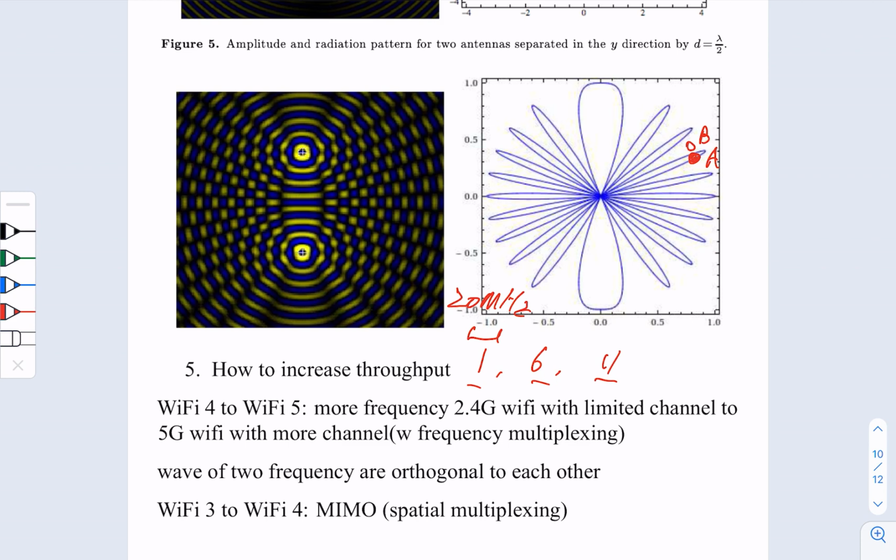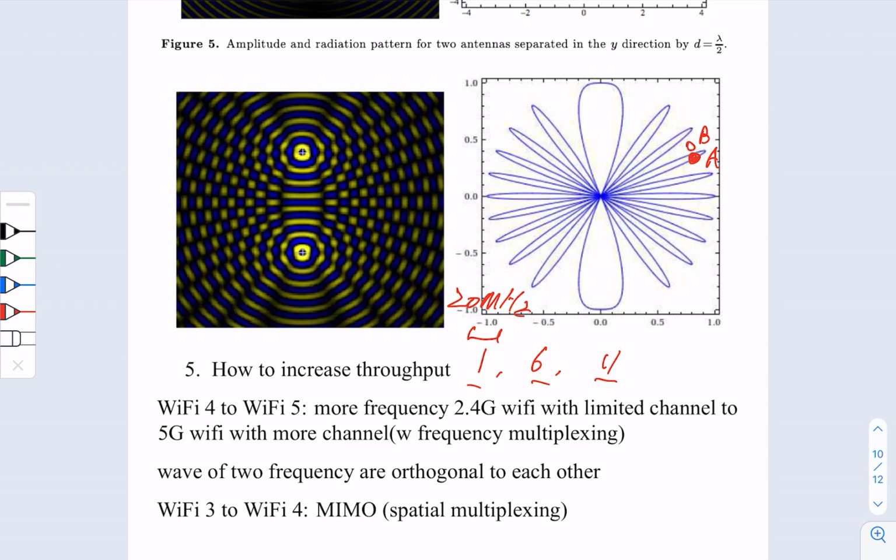But now again we can still use the superposition principle. We can engineer the phase of these two antennas a little bit, and construct a slightly different pattern, such that B is actually receiving more signal, and A is receiving much less signal.